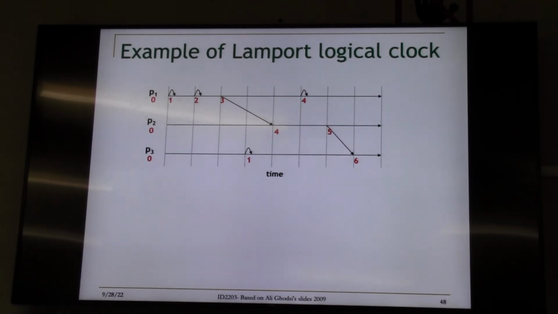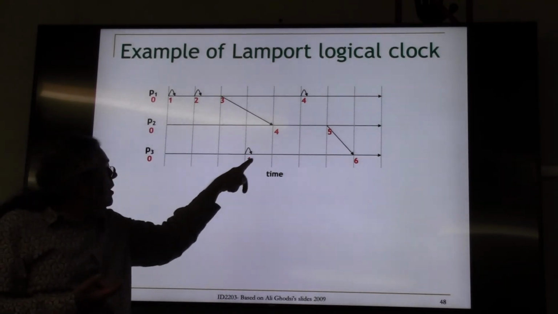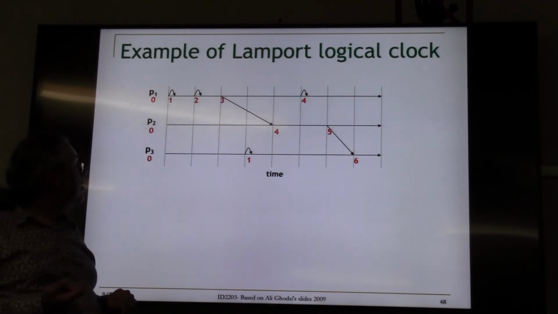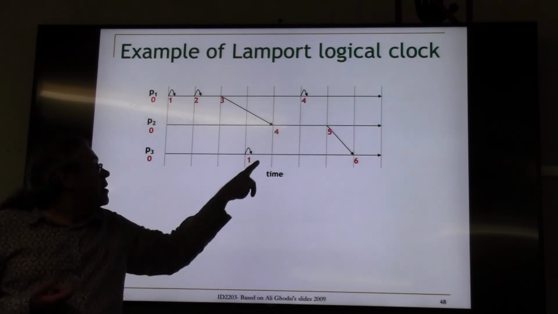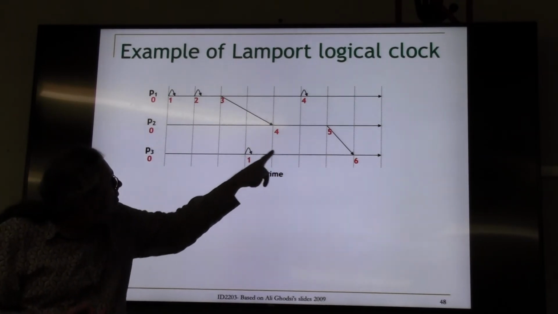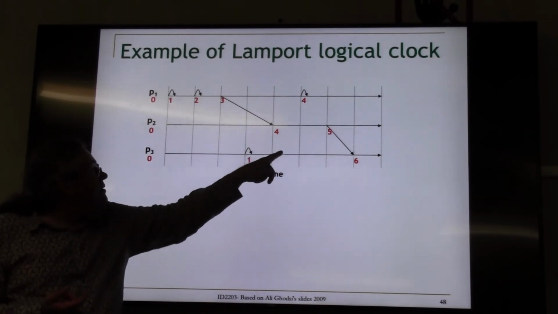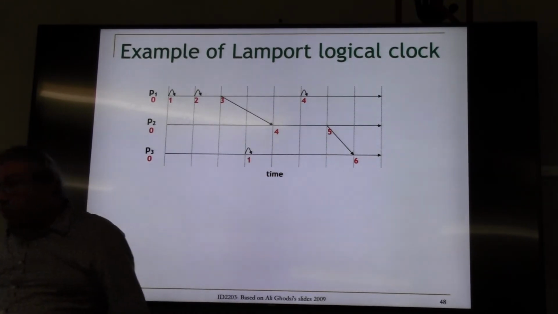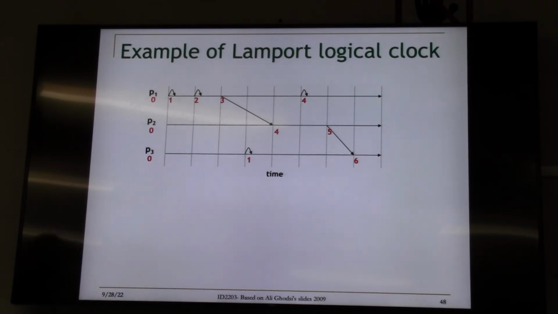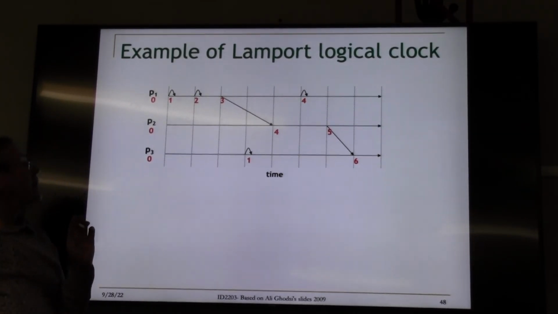Is one of them happening before the other? So the Lamport clock is 1 and 4, but this one happens before that one, because I can put it here, and it will not change anything in the execution. So the Lamport clock does not tell me everything. It actually only tells me a little bit.